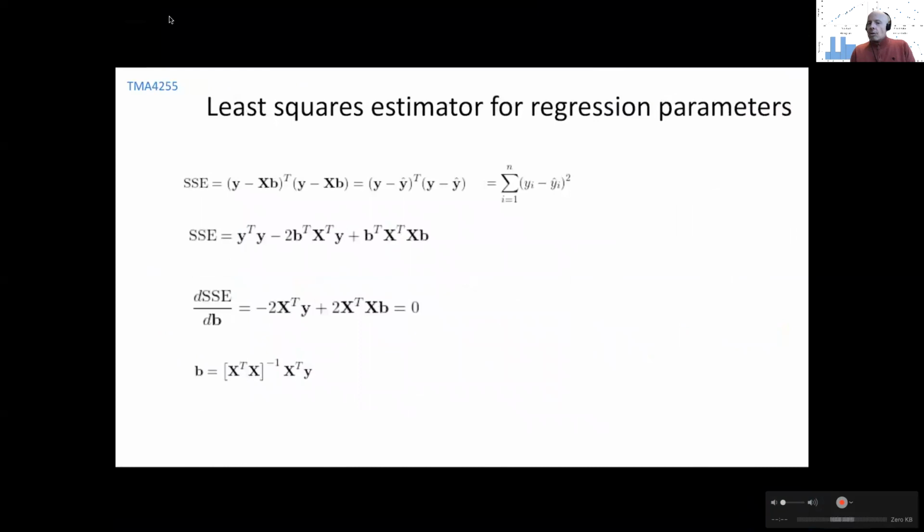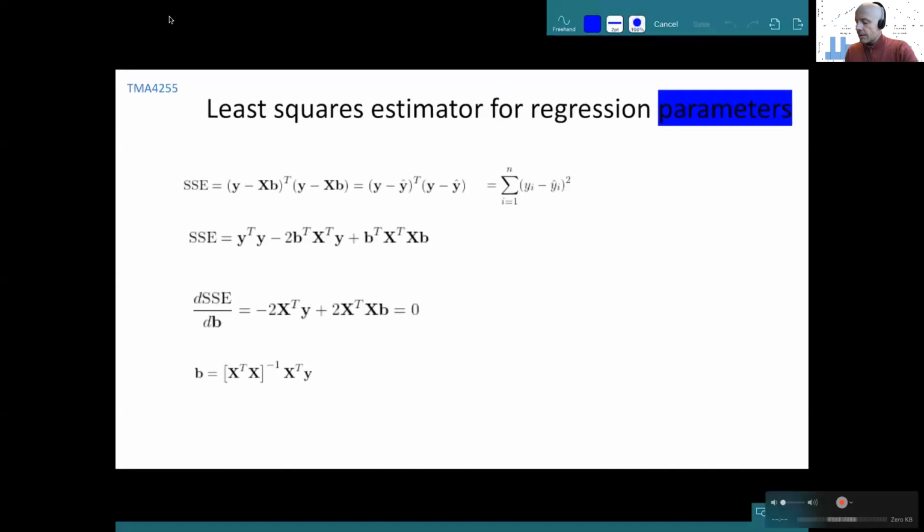This can also be done in matrix-vector form. So instead of writing this sum over i from 1 to n, we could write it as we've done here. Here's our vector of response variables, this is our matrix of covariates, and this is b that we want to estimate. When we estimate something, we want the best line. So that means we minimize this sum of squared errors.